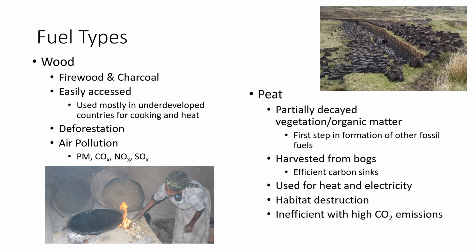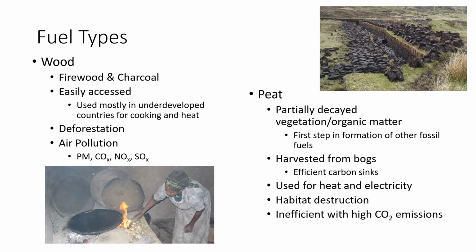Mostly, like I said before, wood is used for heat and cooking, and it creates all kinds of air pollution: particulate matter, so soot, carbon oxides, so carbon monoxide, carbon dioxide, nitrogen oxides, nitric oxide and nitrogen dioxide, and sulfur oxides.